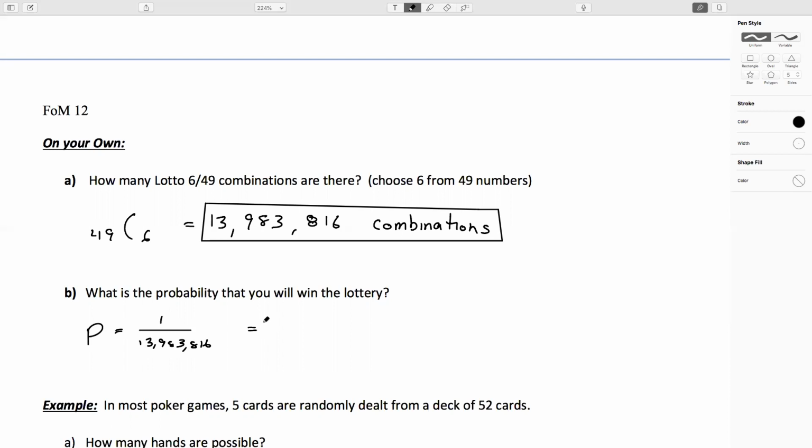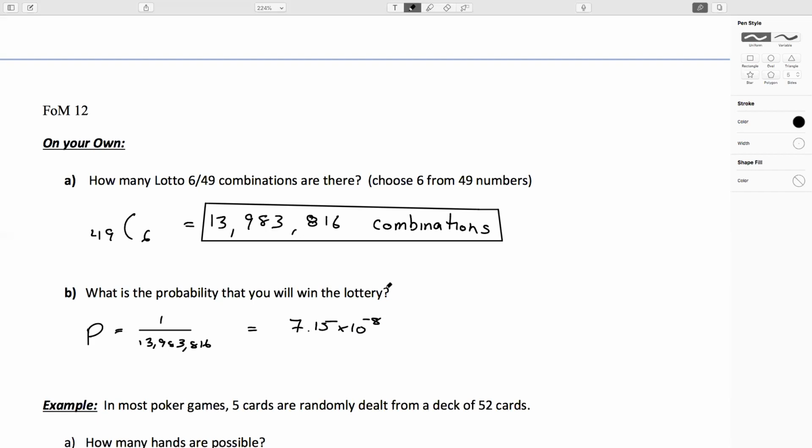1 over 13,983,816. Well, that gives us 7.15 times 10 to the minus 8. Multiply by 100.